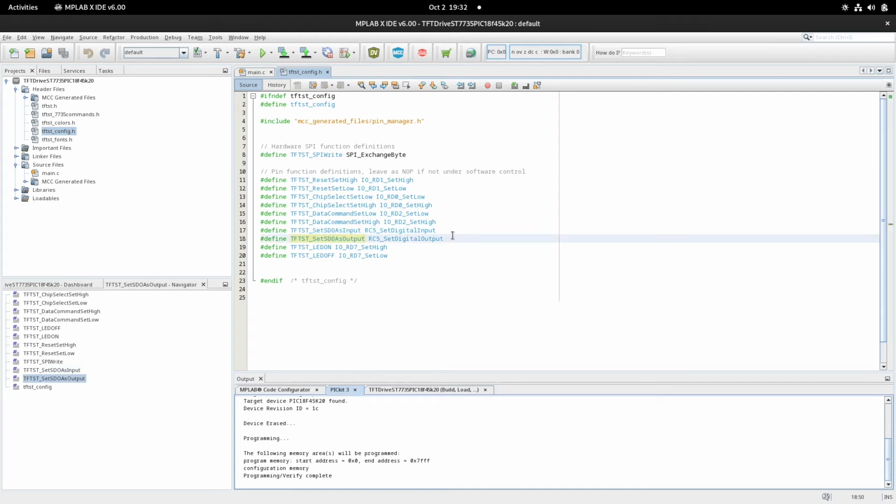That's for reading data. I'm not going to get into the details, but it's just a digital pin. So if you put the appropriate functions there to set it as a digital input and digital output, it should be fine. And the last one is for the LED. Again, you don't have to provide these. You can just put a no-op in these functions, not all of them, but the LED ones and the reset one and the chip select one if you're already driving them without the microcontroller.